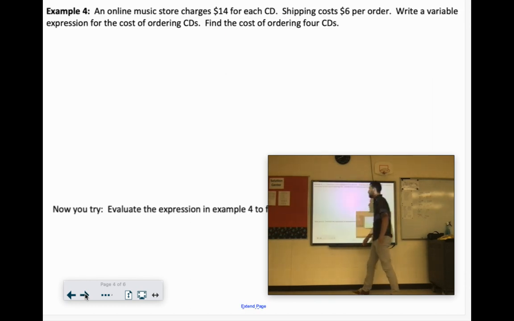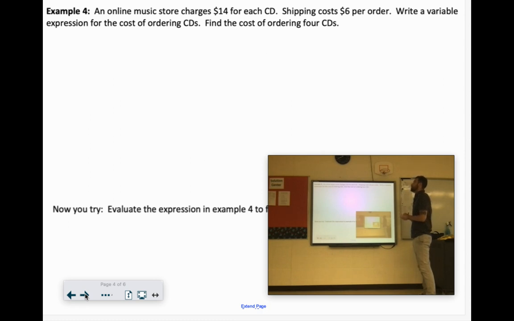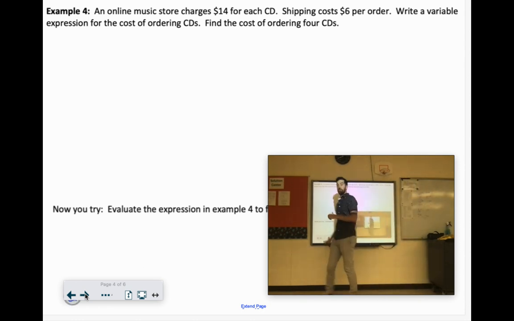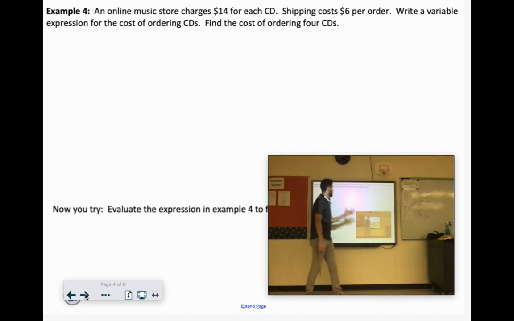Not a bad deal. An online music store charges $14 for each CD. Shipping costs $6 per order, not per CD, so you only pay the $6 once. Write a variable expression for the cost of ordering CDs. So let's call CDs C. And let's say I were to buy 10 CDs. So each one of them is $14.